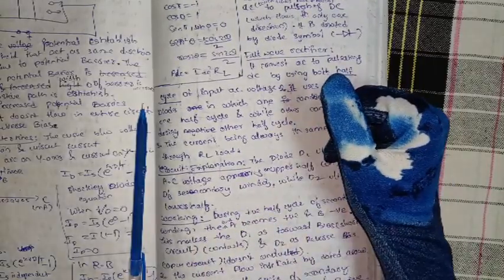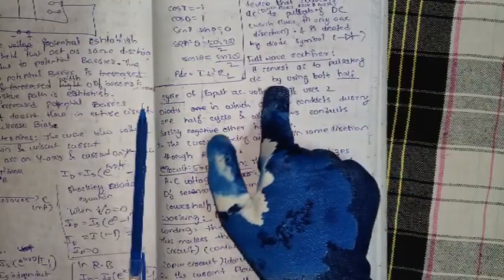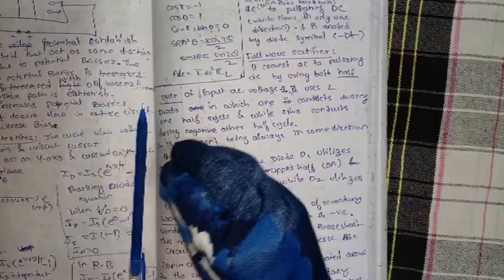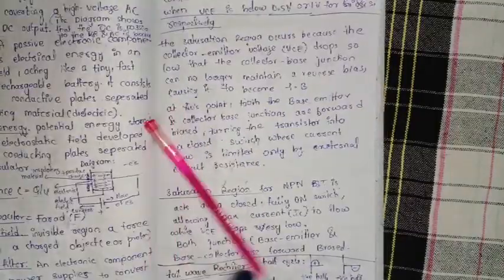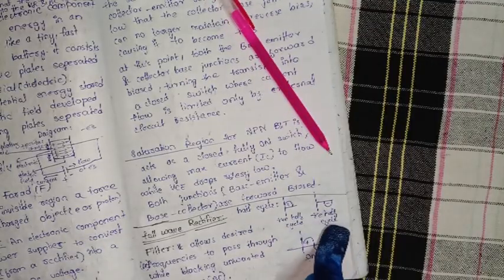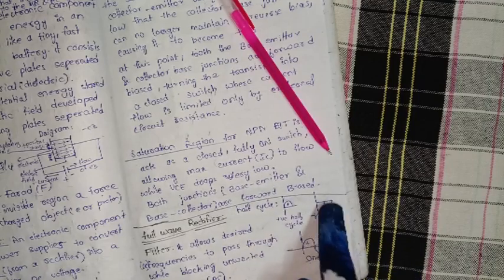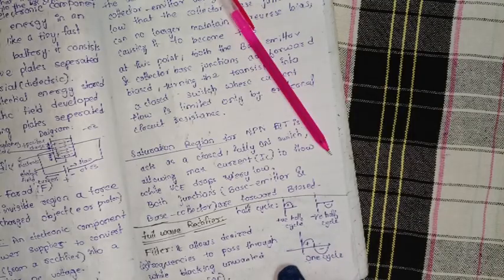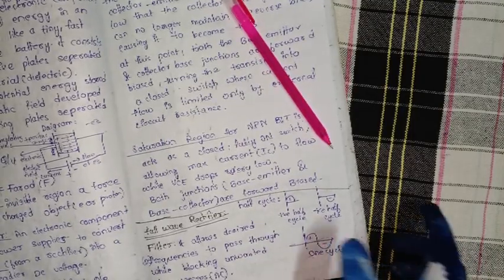So here AC to DC it will convert for both half cycles of the input AC voltage. What do half cycles mean? Half cycle means we have a positive half cycle and a negative half cycle. So they are represented like this. And one cycle is the combination of the positive and negative half cycle.